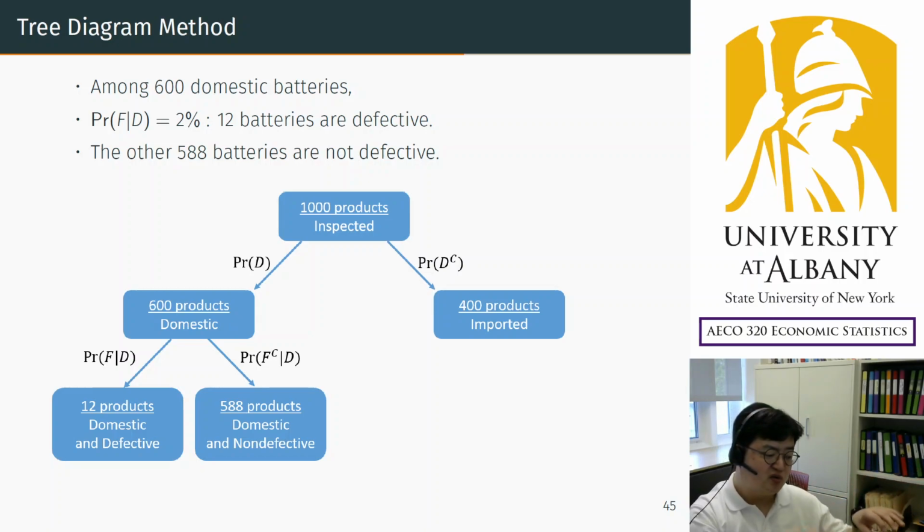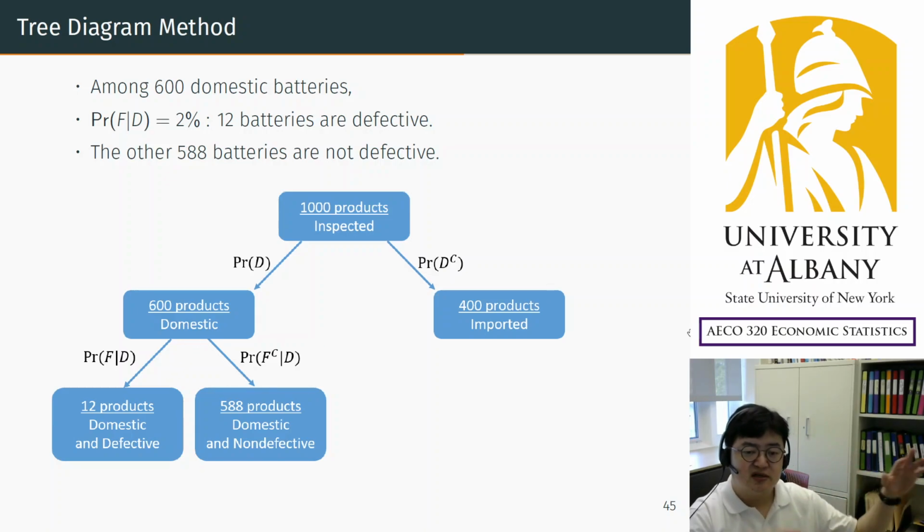And then, now look at the domestic batteries. We are going to classify them into defective batteries and non-defective batteries. So what we are going to use is the conditional probability for domestic batteries. Conditioning on domestic batteries, the defective rate is 2%. Exactly, that's what we are going to use in our division, right?